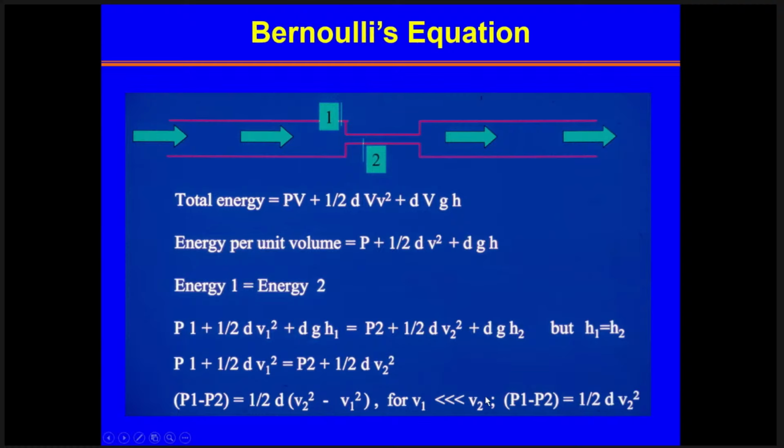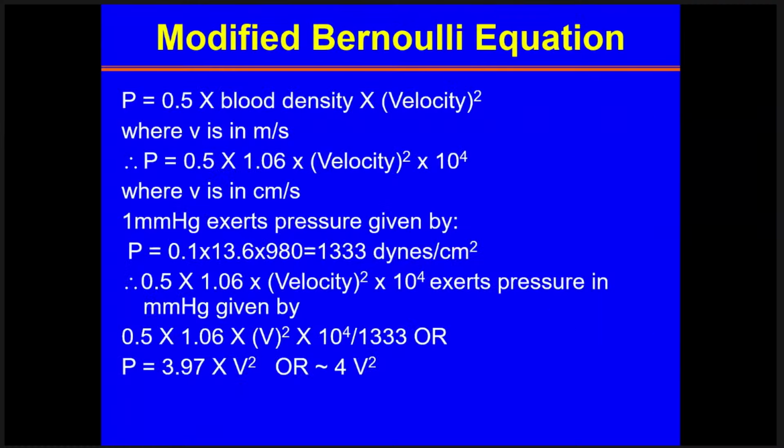Most of us understand this, but the question comes, how does that translate to the 4V squared? The way it translates to the 4V squared are changes in units of measurement. So first we change the velocity from meter per second to centimeter per second, and that results, because the velocity is squared, in a multiplication by 10 to the power 4.